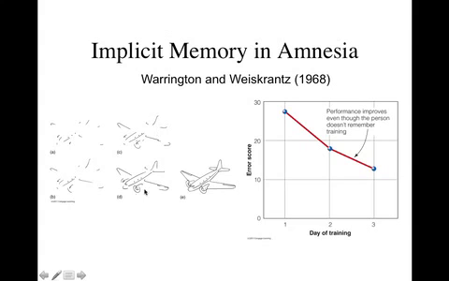So they were shown these pictures of the airplane. And over days of training, they were able to recognize the airplane at lower and lower levels of information. So they were able to recognize it, say, originally maybe at D, and then over time they were able to recognize it at C and B, and so on and so forth. Even though they would have no explicit memory, if you asked them what they had seen pictures of, they would have no idea.